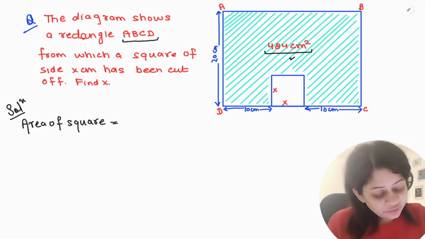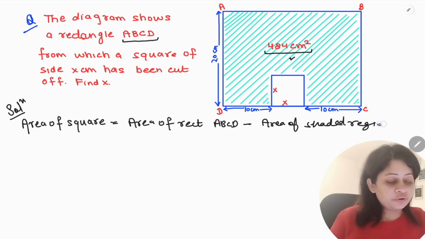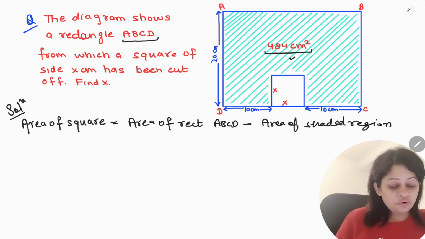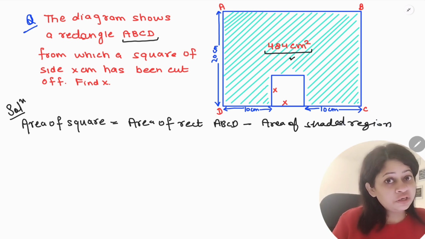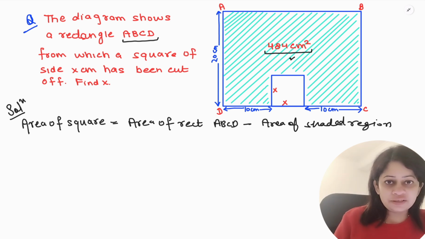So I will write area of rectangle ABCD minus area of shaded region, right? If I can find all these three things and substitute the values, then I can solve the equation and figure out x, right?